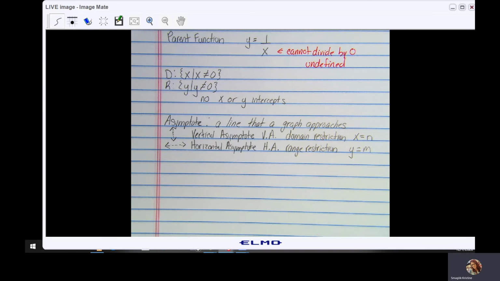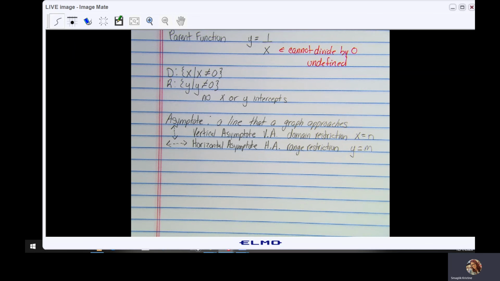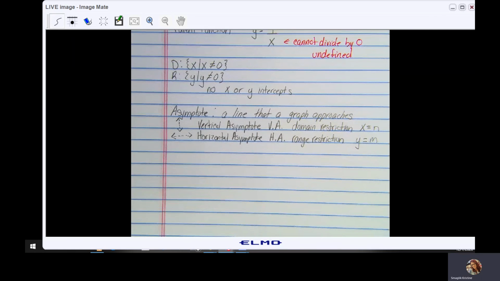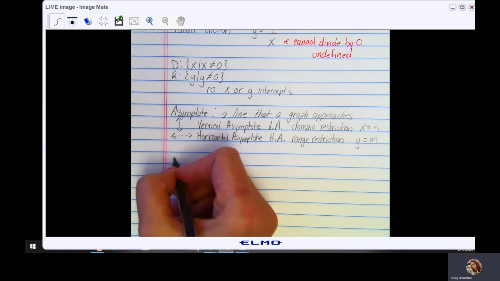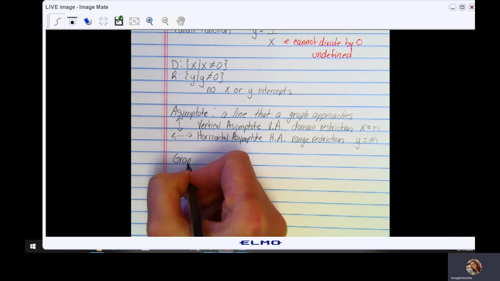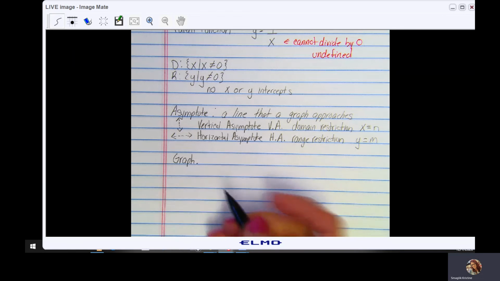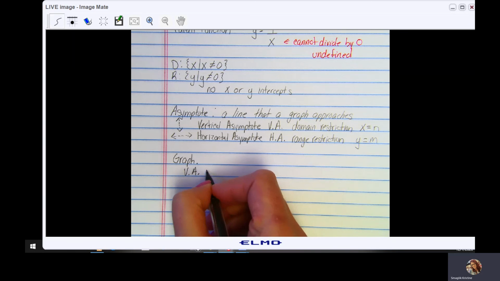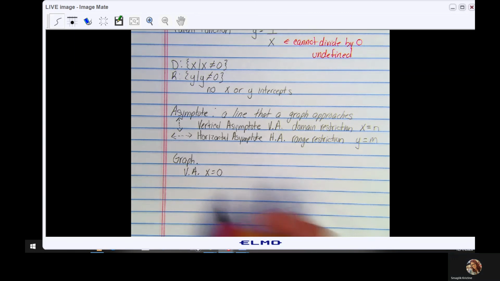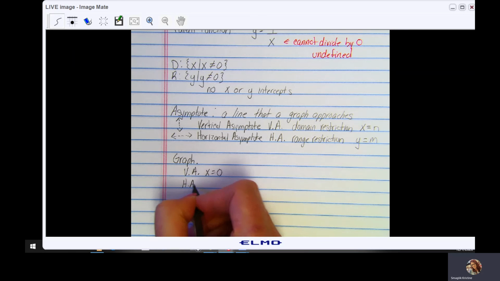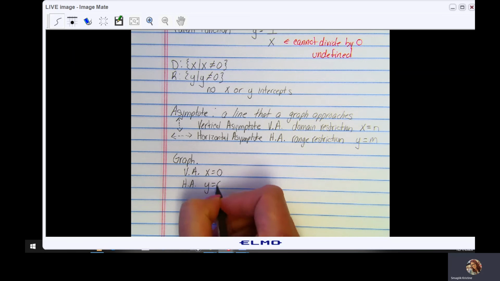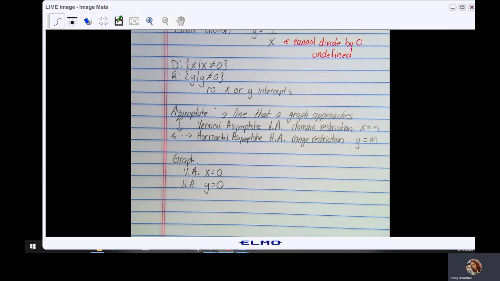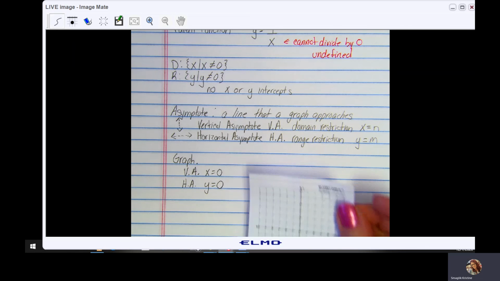So now let's graph using a table of values and our asymptotes. So we already know we have a vertical asymptote at x equals 0. We have a horizontal asymptote at y equals 0. Let's go ahead and put these in on our graph.